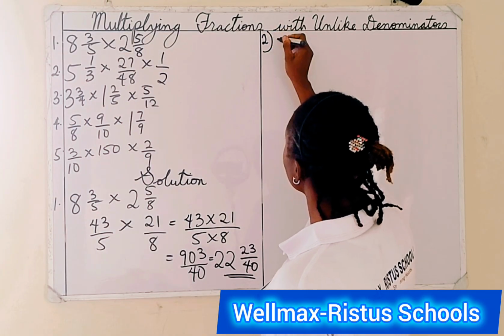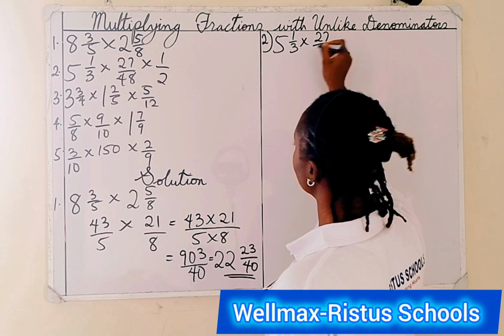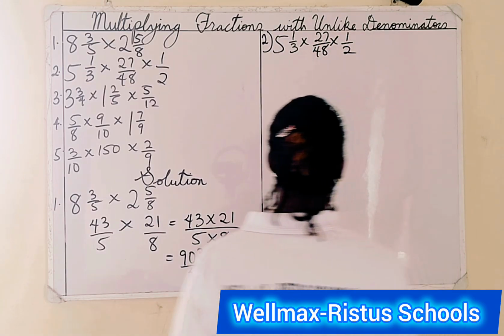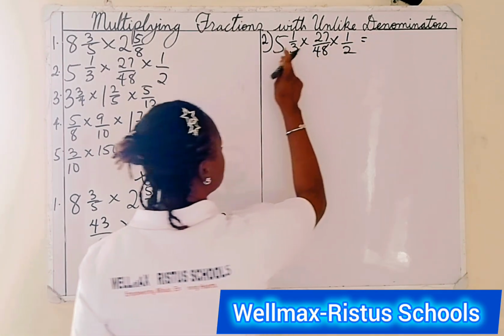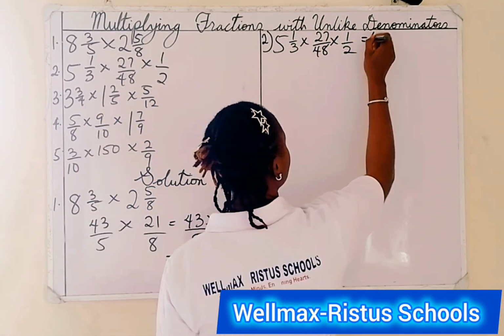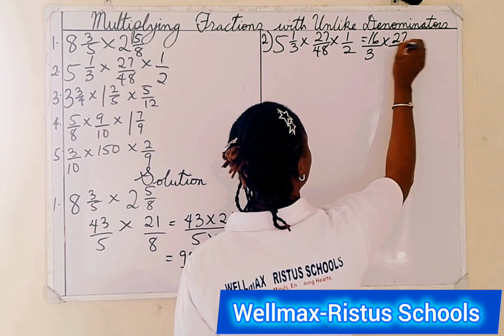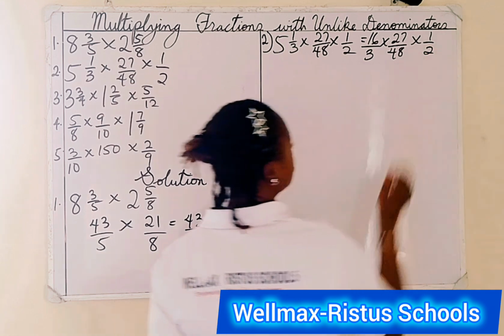Question 2. 5 wholes 1/3 times 27 over 48 times 1 over 2. Now let's expand this mixed fraction to give us 3 times 5 is 15 plus 1, 16 over 3 times 27 over 48 times 1 over 2.